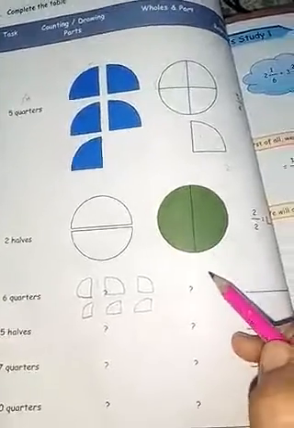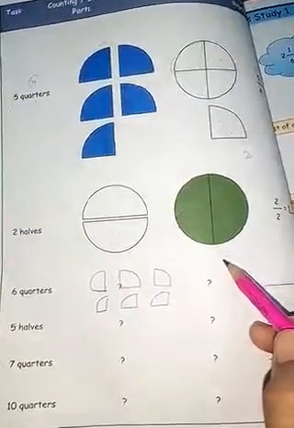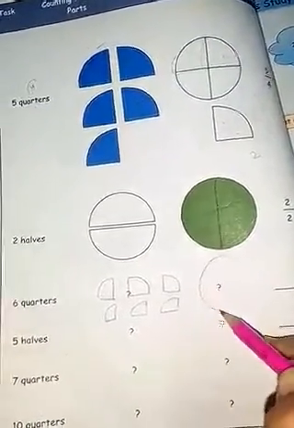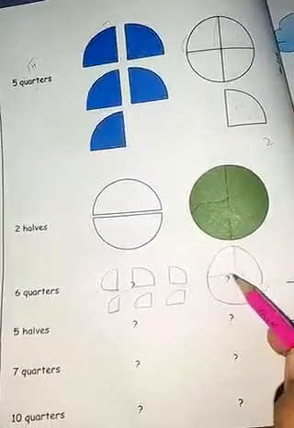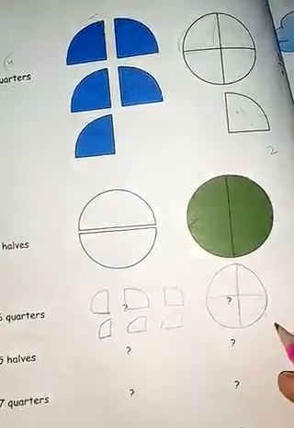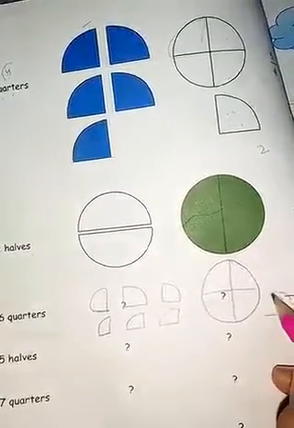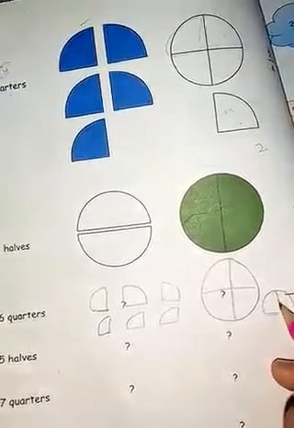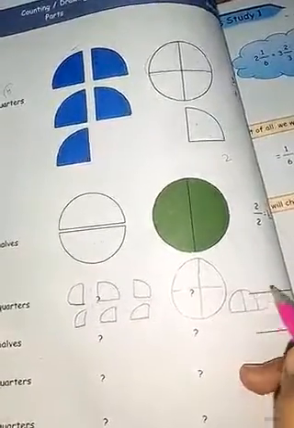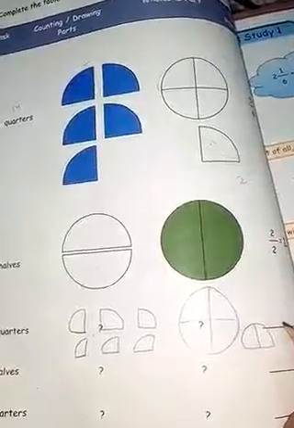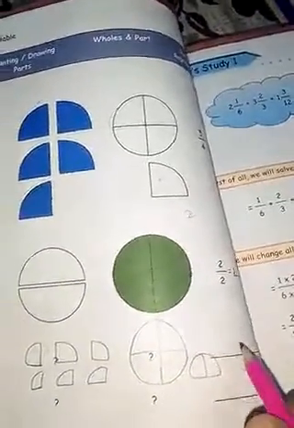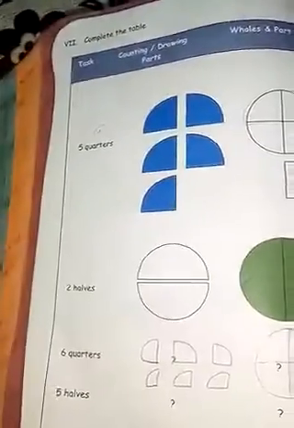And when you draw the whole, this is a whole circle having 4 quarters, and a half circle having 2 quarters. So this is the whole part, and when you represent it symbolically, you need 6 quarters.